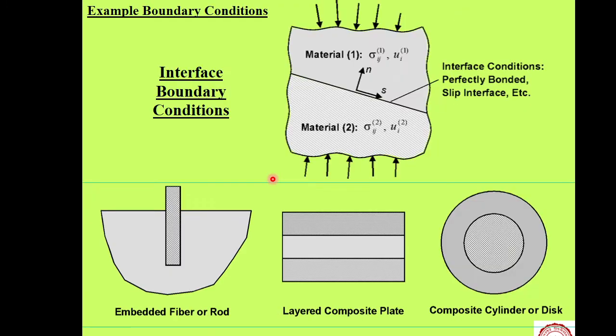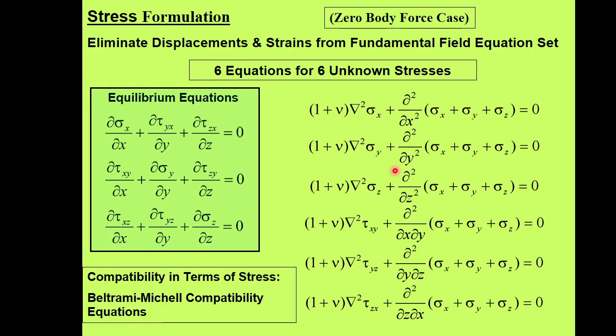We will not discuss them in detail. Sometimes there are interface boundary conditions and other problems. We won't discuss them. Okay. Now there are some stress compatibility as well as strain compatibility conditions.